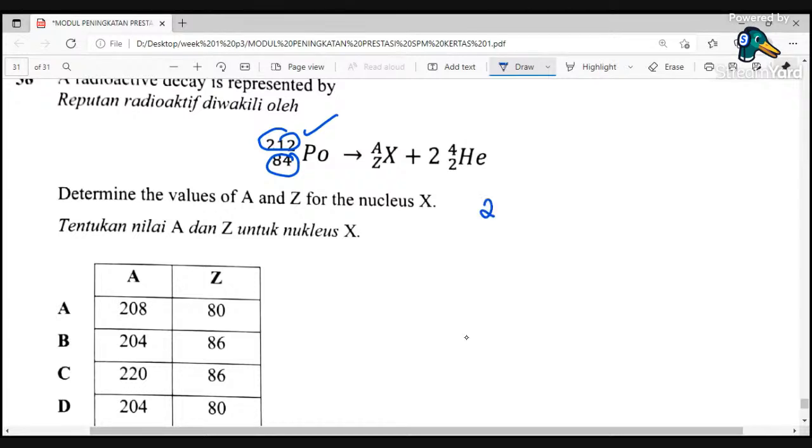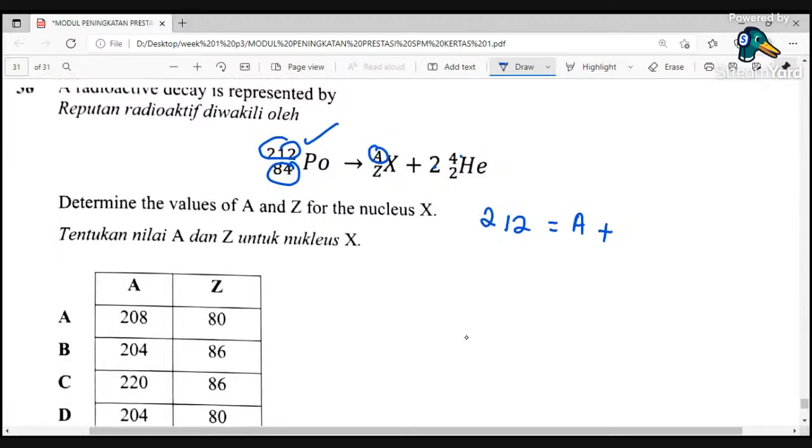Okay, let's look at the nucleon number. So 212 equals A plus 2 times 4. From here we get A equals 212 minus 8, so we get 204.